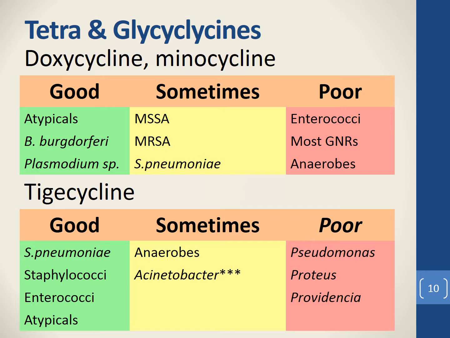Where it niches in is for patients who have multiple antibiotic allergies, as very few patients truly have a tetracycline class or tigecycline allergy. You can see that tigecycline, if we do use it, has a good line of gram-positive and atypical coverage, does not cover Pseudomonas, Proteus, or Providencia, so we lose a bit of gram-negative coverage that way.